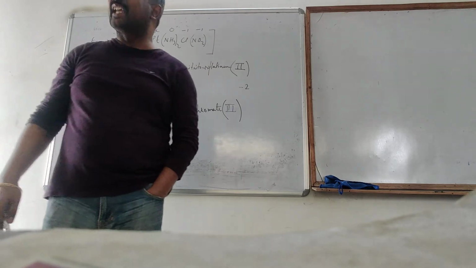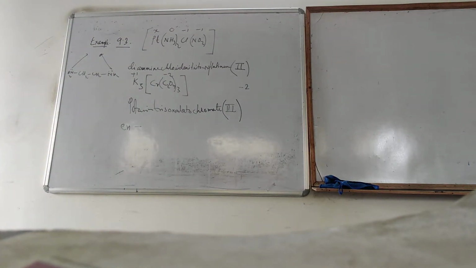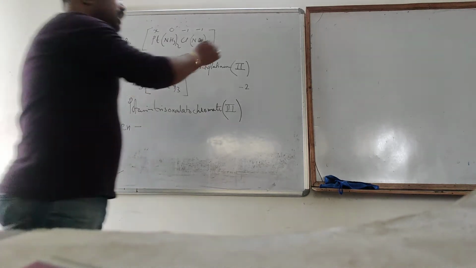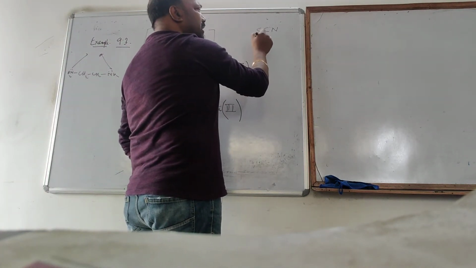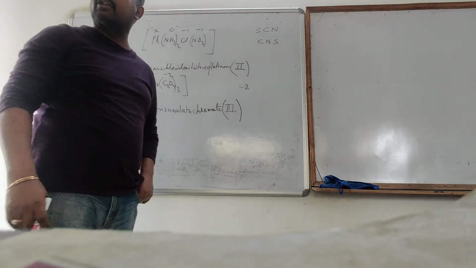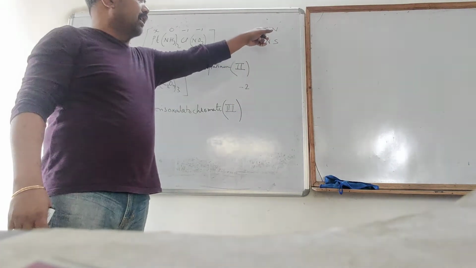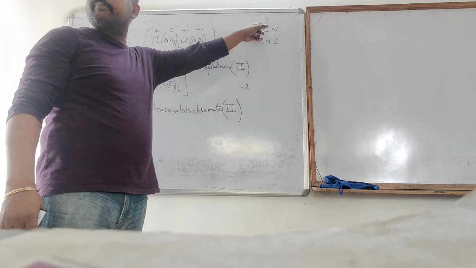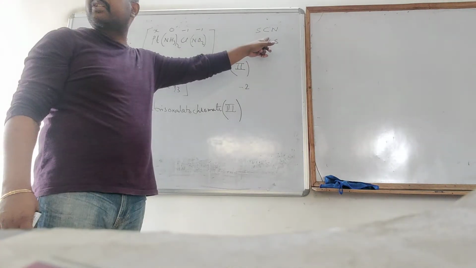SCN, thiocyanide. Again, SCN में दो चीज आएगा आपको याद रखना. SCN और एक आ सकता है CNS, है ना? These are also ambidentate ligands. SCN में S is the donor site, and CNS में N is the donor site.